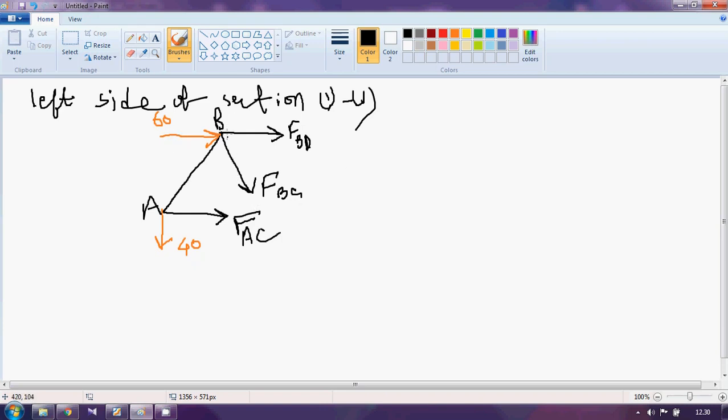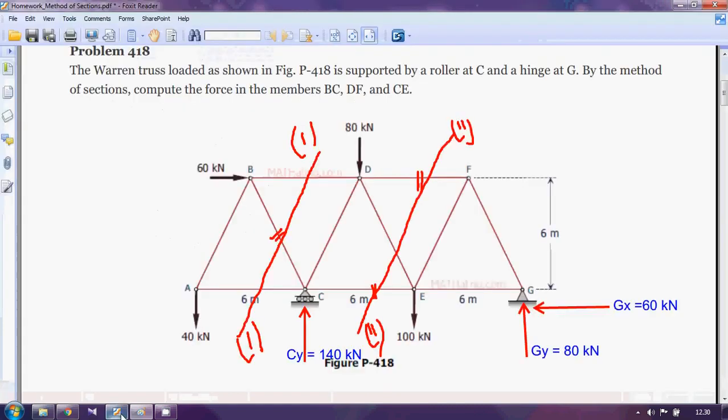This is an inclined force, right? In our last class we have seen that if you have an inclined force, you can easily resolve it into two components. How? This is my member force BC. I need this angle theta. If I know this angle, then I will get one force like this and one force like this, and the angle between these forces will be 90°.